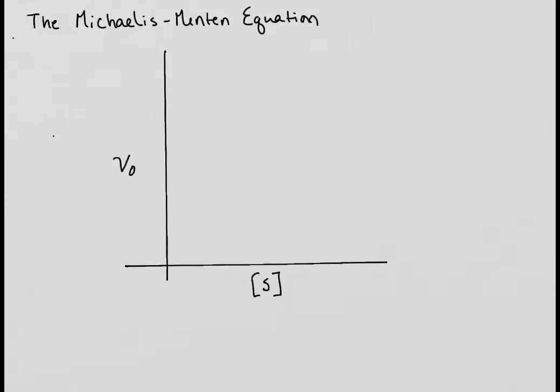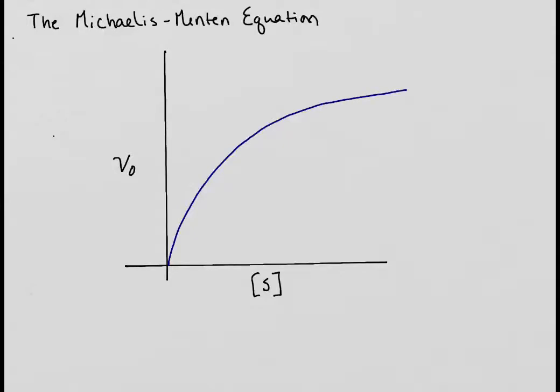The function that will result from graphing that will be a rectangular hyperbola that asymptotically approaches maximal velocity.